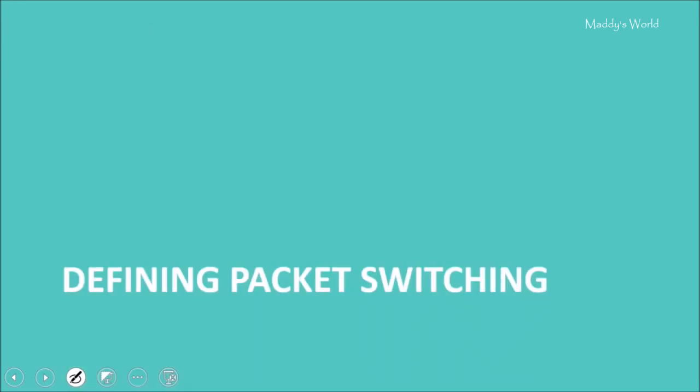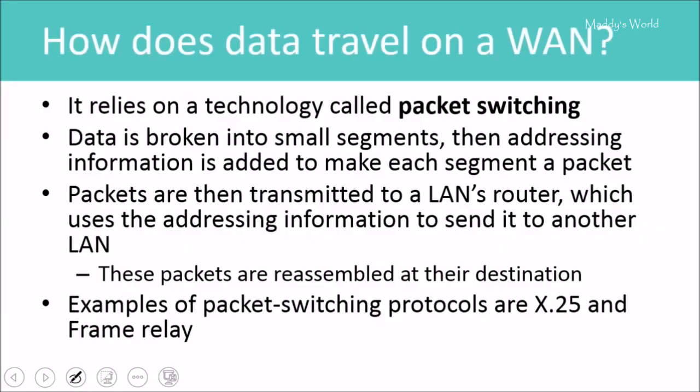All right, and the internet in general, LANs, they use a technology called packet switching. Packet switching means that the data is broken into small segments, and then addressing information is added to each segment in order to make it a packet. From there, routers transmit packets across networks from one LAN to another, right?